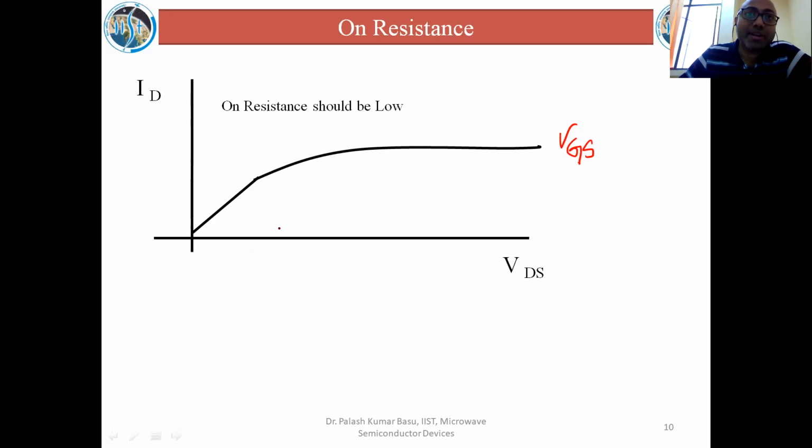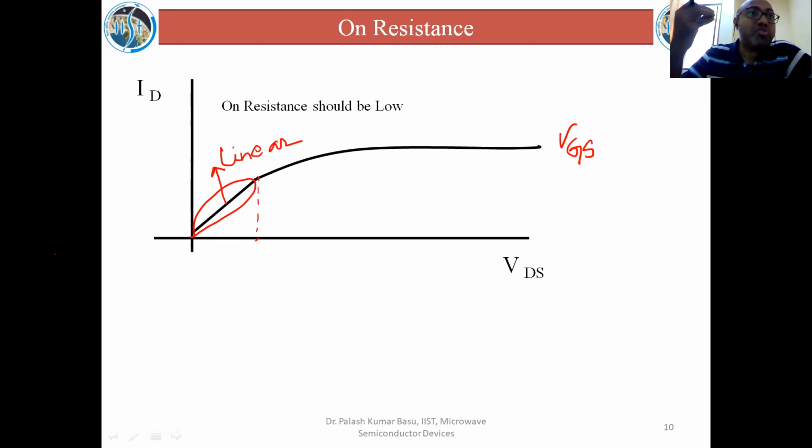So on resistance, definitely you are thinking about a very low value. Suppose, because you can see that up to this level, the IV characteristic is kind of linear. Right?